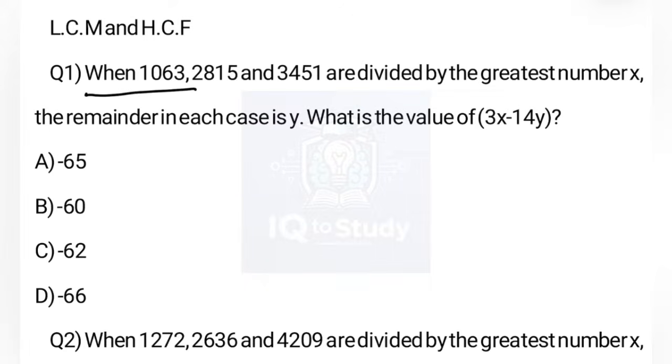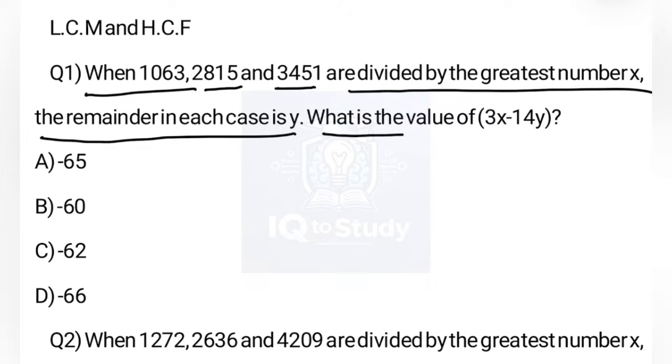When 1063, 2815 and 3451 are divided by the greatest number x, the remainder in each case is y. What is the value of 3x minus 14y?